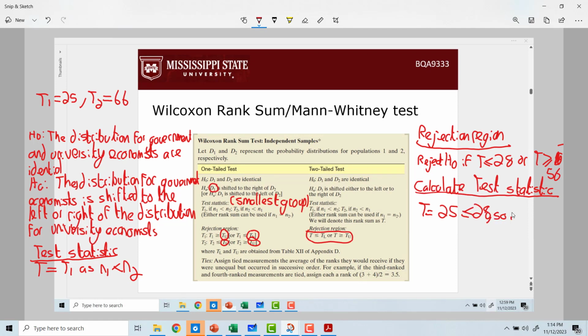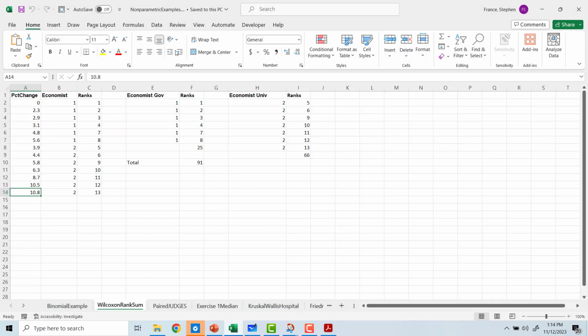So reject H0. There's evidence that the distributions are different. And in fact, if we look back at the data, we'll see that group 1 is lower than group 2.